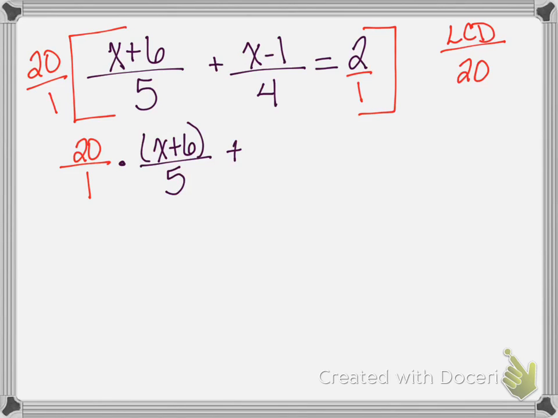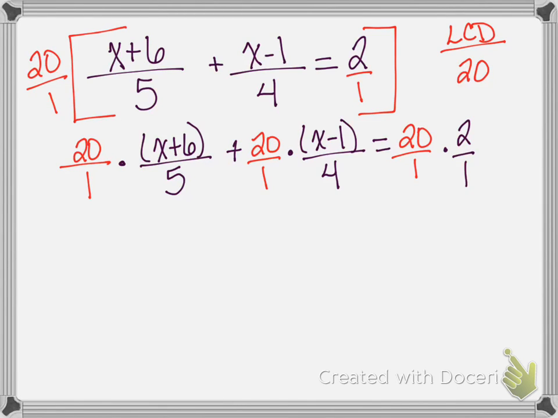Then I have 20 over 1 times x minus 1 over 4 equals 20 over 1 times 2 over 1. Now, I'm going to give you about 20 seconds, and what I want you to do is the cross canceling. That's what I want you to do next. So you're going to look at the 20 and the 5, the 20 and the 4, and the 20 and the 1. Yeah, you're absolutely right.